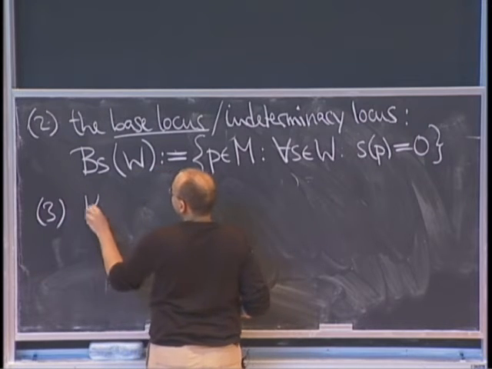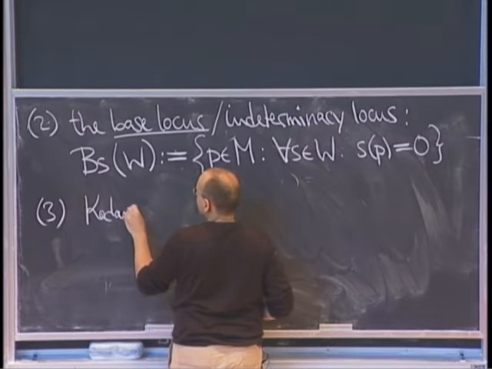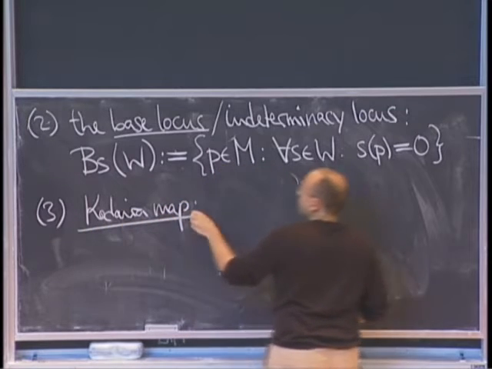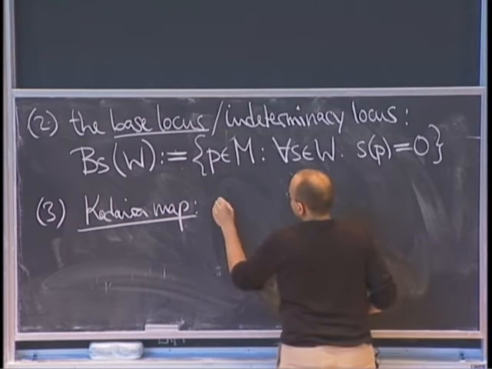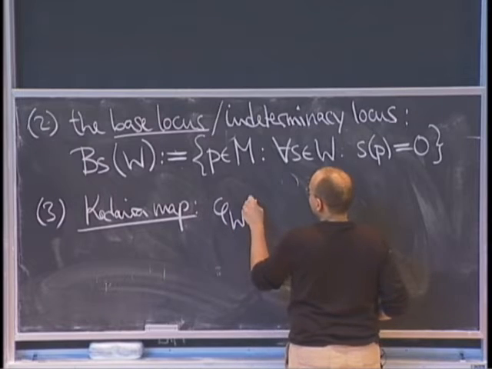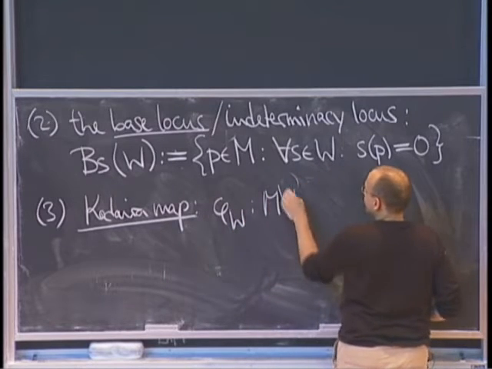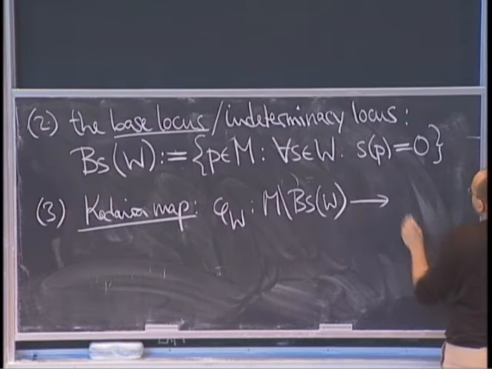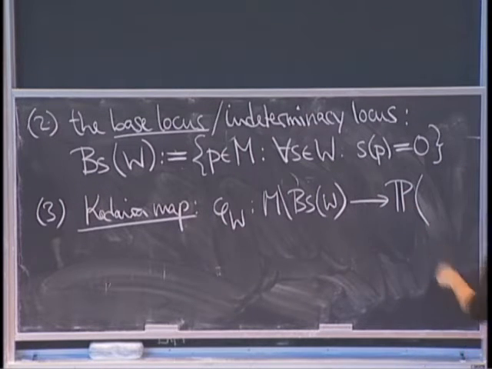Third, the Kodaira map. It's phi W, which goes from M minus the base locus to, so I'm not going to use homogeneous coordinates.